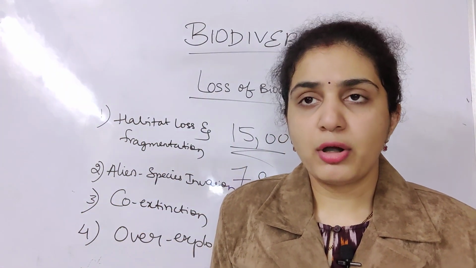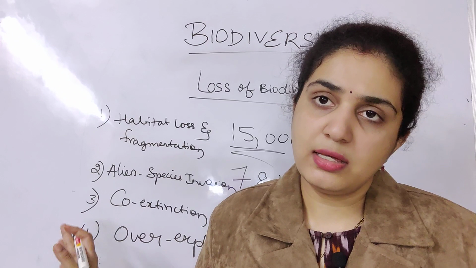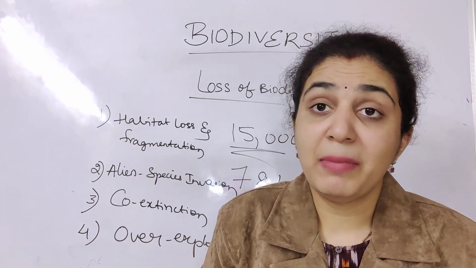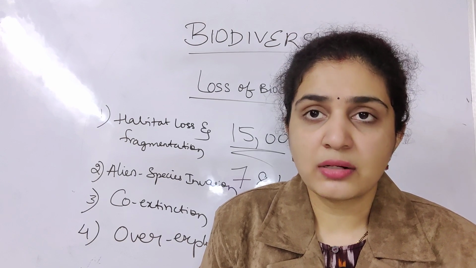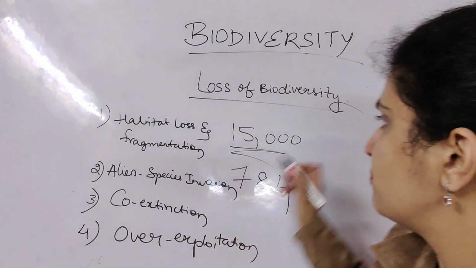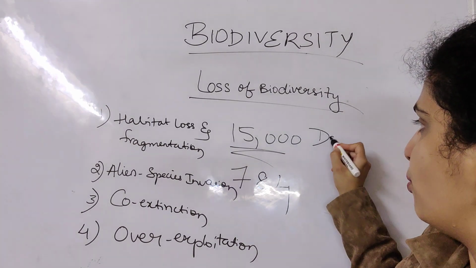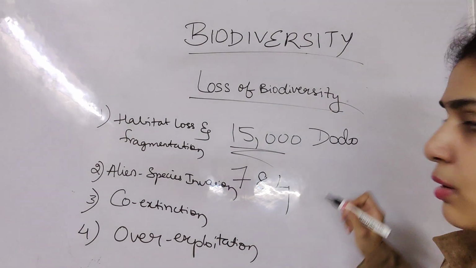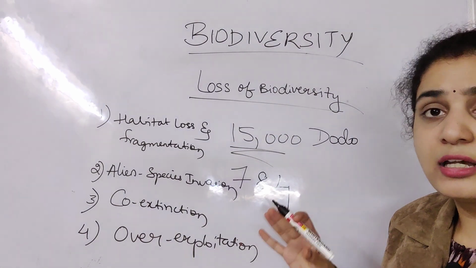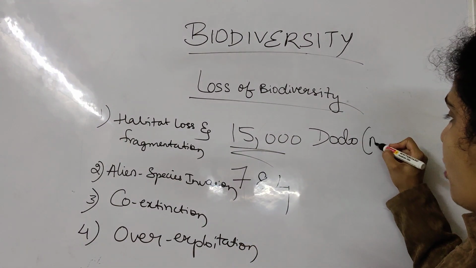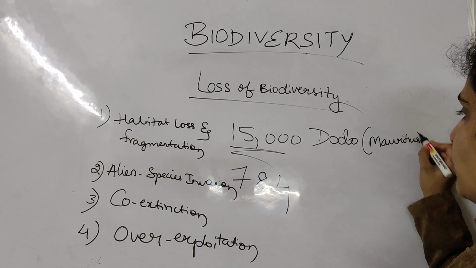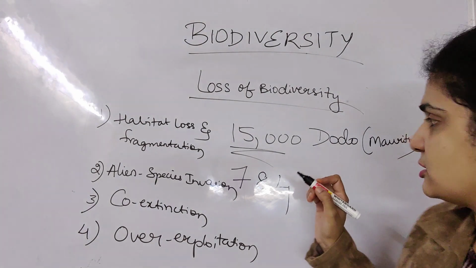And the important point you should remember regarding this is which species got extinct. The main species which got extinct are an important NEET question, they ask every alternate year. The first one is the dodo. It's an animal that got extinct. It belongs to Mauritius. So Dodo, Mauritius.